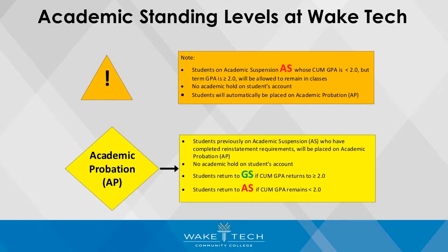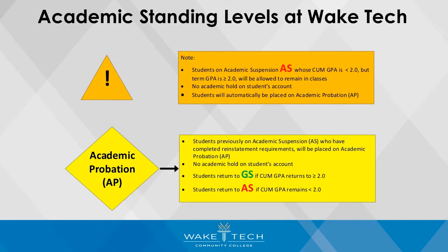So for that purpose, the semester after suspension, when you are on probation, as long as your semester GPA is above a 2.0, you will remain on academic probation until your overall cumulative GPA comes back above a 2.0. And again, when you're on probation, we're not going to require you to take any additional steps.